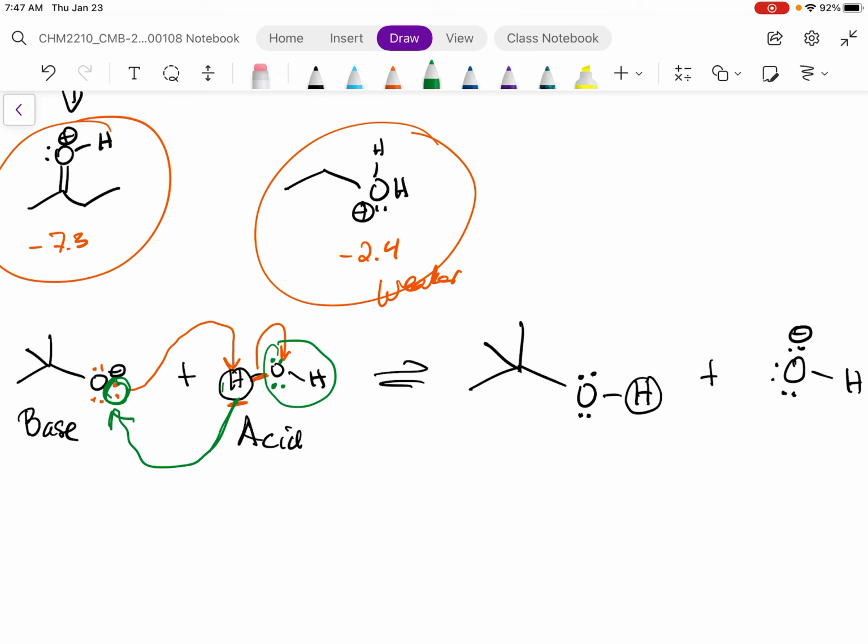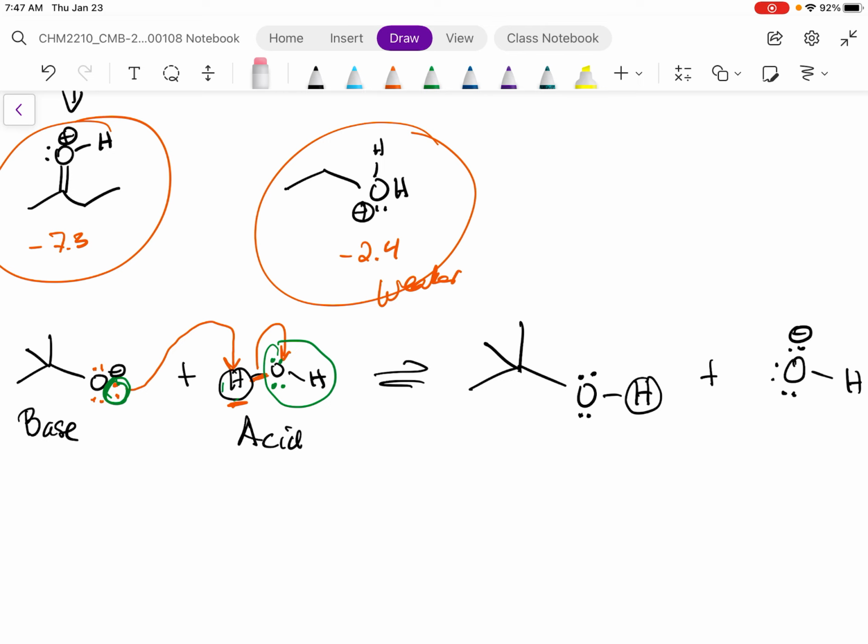So there's no electrons that can move over here. So if you ever feel the urge to draw a hydrogen and drawing it somewhere, it's always wrong. Just don't do it. You have to think, where are the electrons? Lone pairs, pi bonds, and watch those flow.